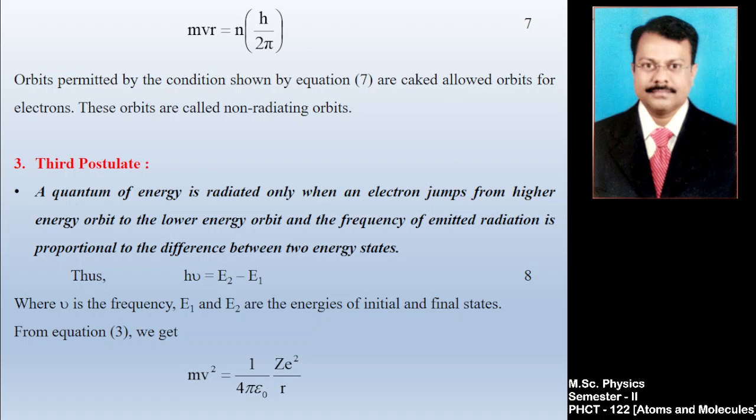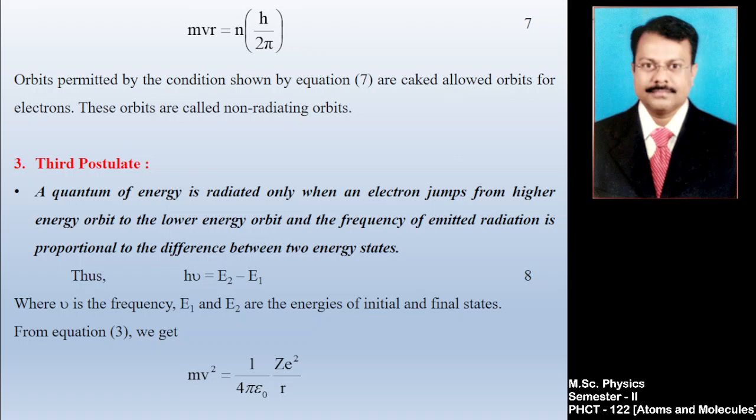From equation 3, what is equation 3? mv square upon r is equal to 1 upon 4 pi epsilon naught into z e square upon r. Put this value in this equation. The equation is mv square is equal to 1 upon 4 pi epsilon naught into ze square upon r square; one r gets cancelled, remaining r.